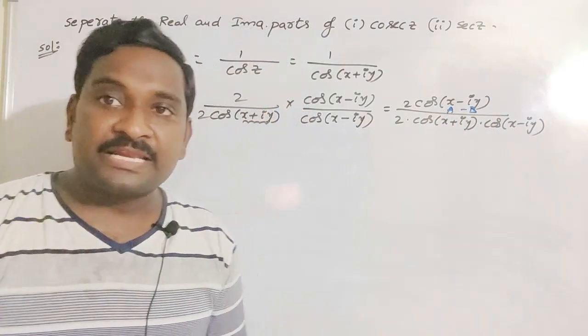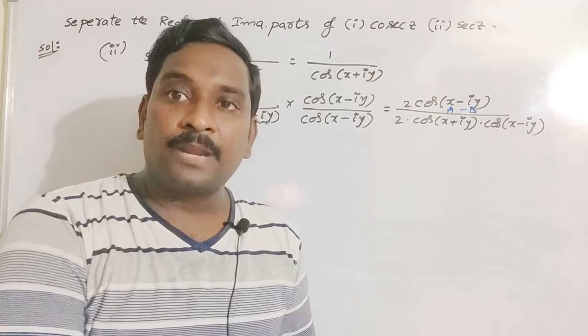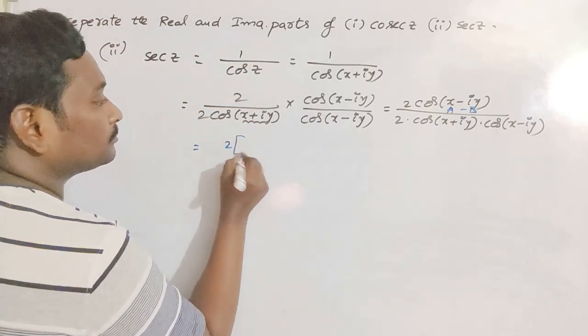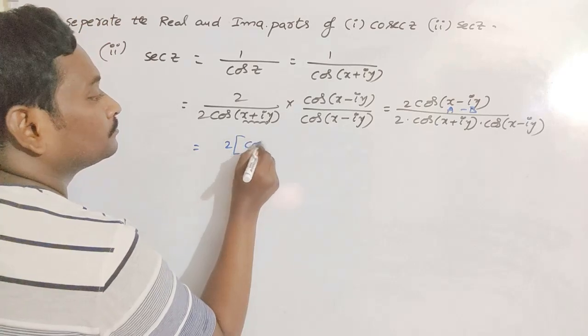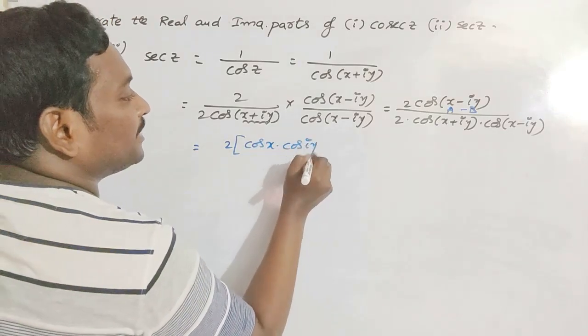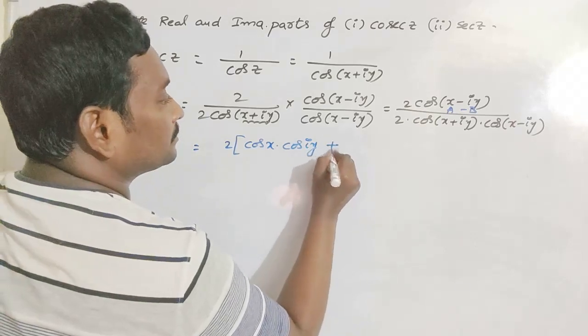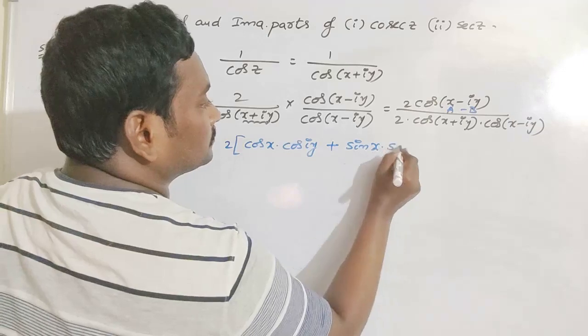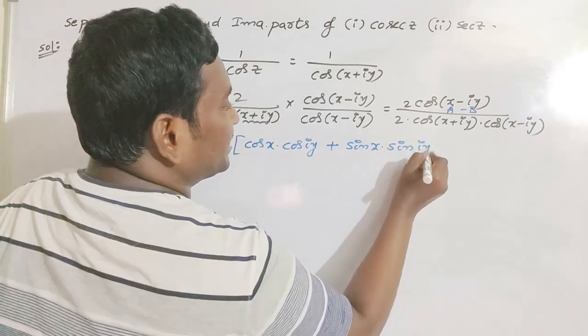What is cos of a minus b? Cos a cos b plus sin a sin b. So 2 whole into cos a, it would be x, cos b, it would be iy, plus sin a, nothing but x, sin iy.